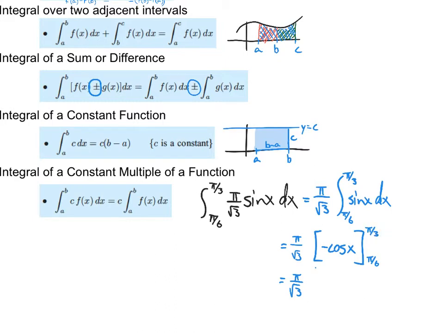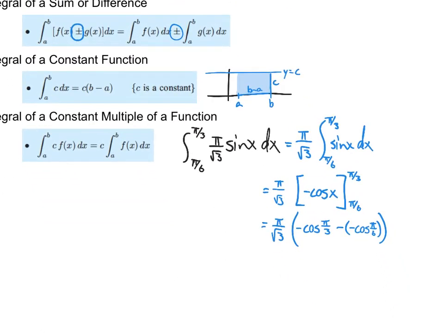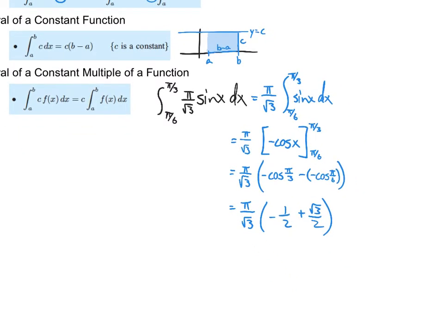Now, what is the negative cosine of pi over 3? That'd be negative 1/2. Yes. Pi over root 3 times negative 1/2. And then minus a negative, what's cosine of pi over 6? Radical 3 over 2. You know because you know your unit circle.